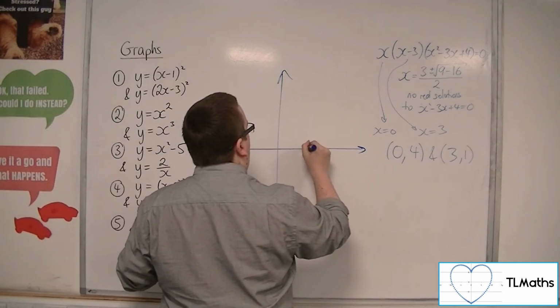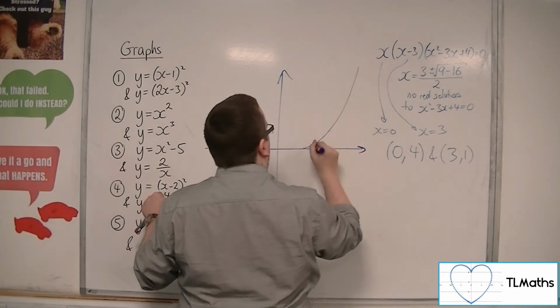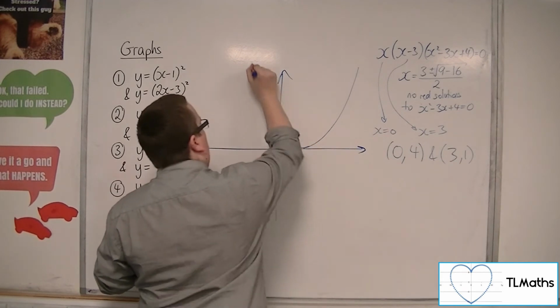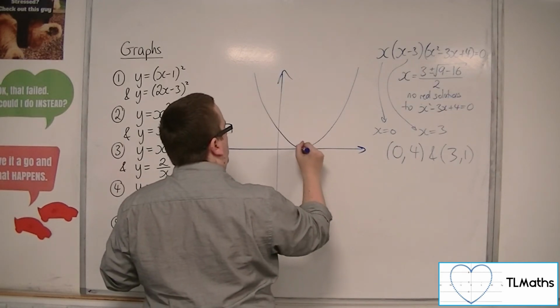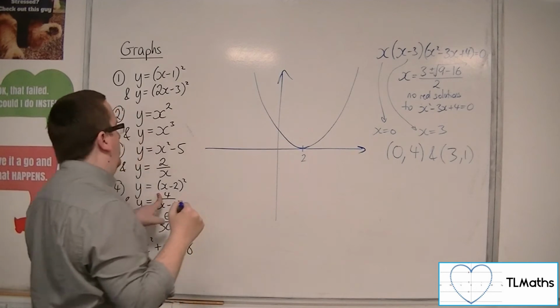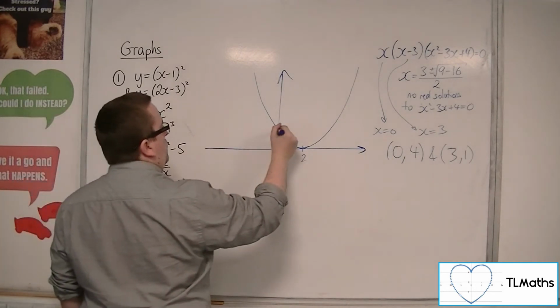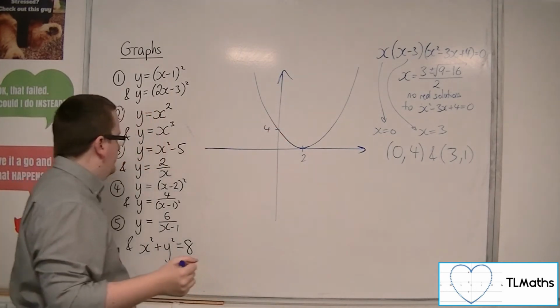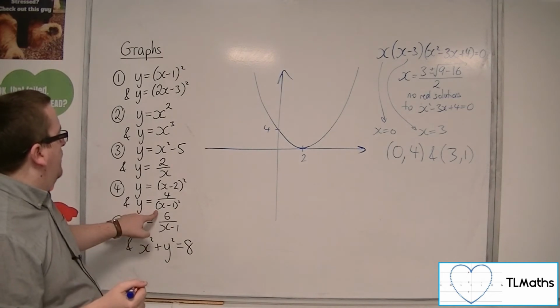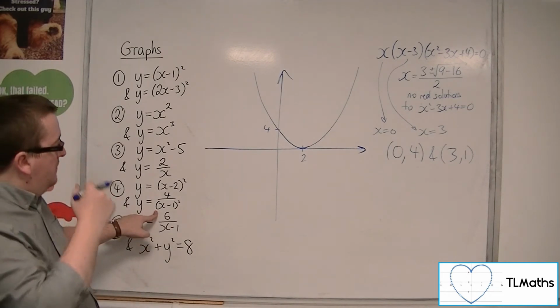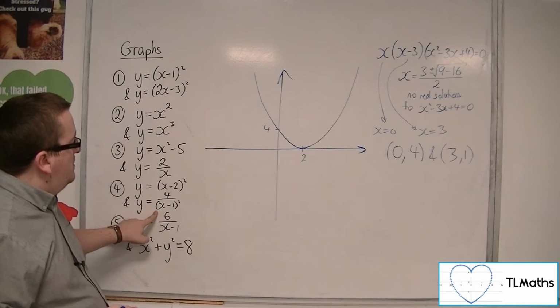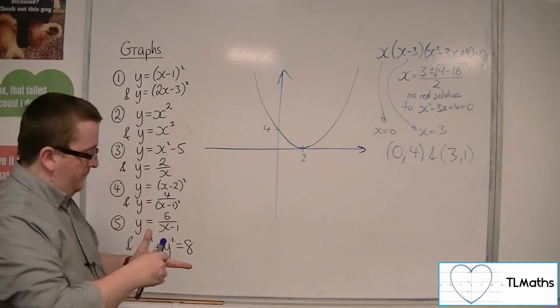So that would be a parabola that looks something like this, sitting on the x-axis at 2, going through the y-axis at 4. You've got y is equal to 4 over x minus 1 squared. So this would have an asymptote at x is equal to 1.